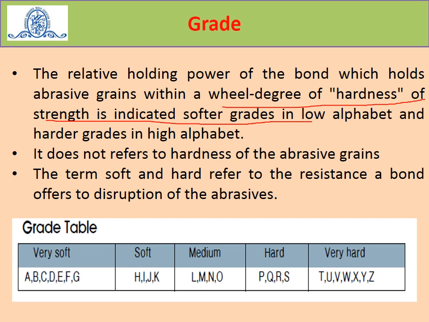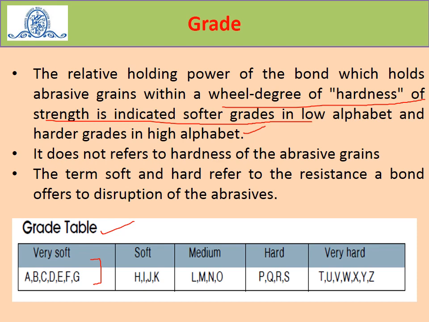If you see the grade table, it is already mentioned that softer grades are indicated by the low alphabet and harder grades by the high alphabet. Categories are given: very soft, soft, medium, hard and very hard. A B C D E F G comes under very soft.